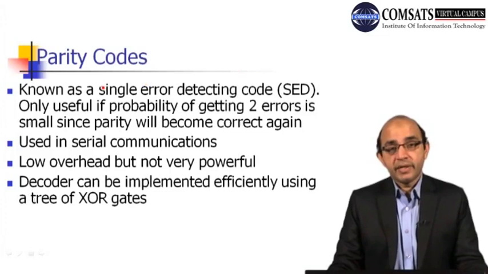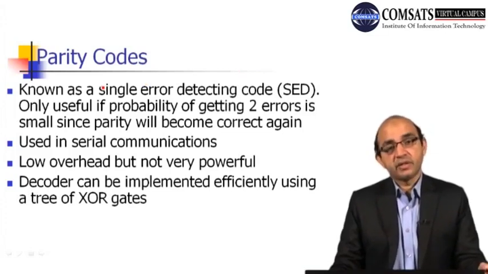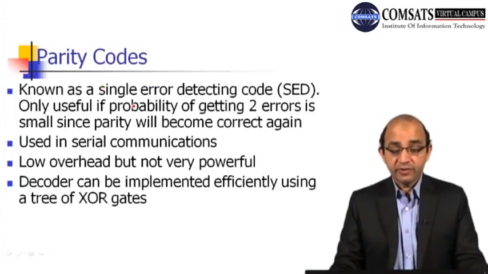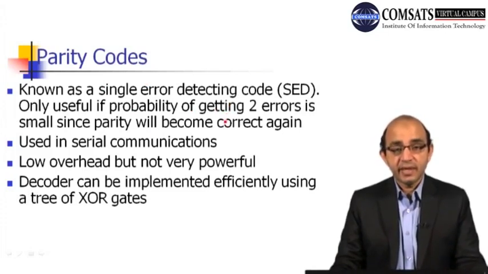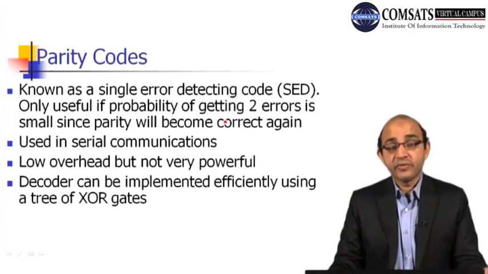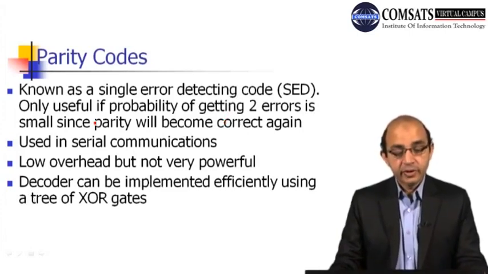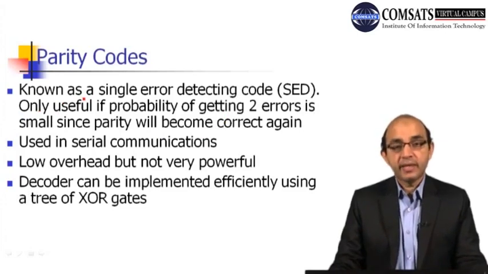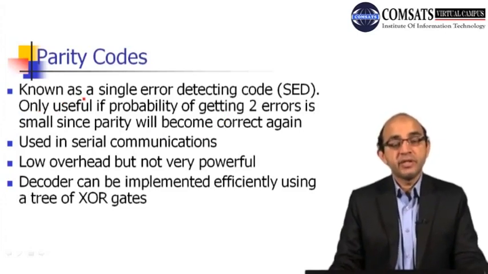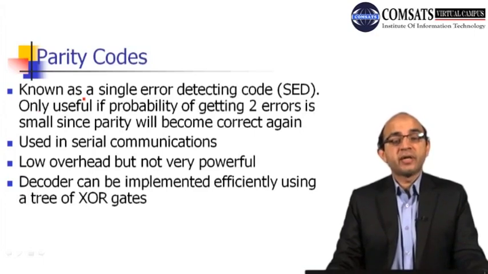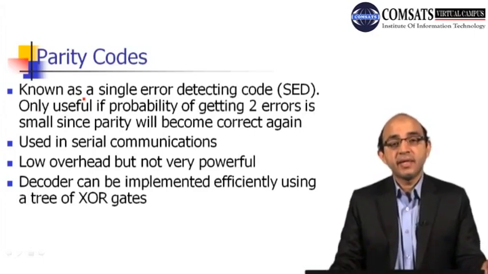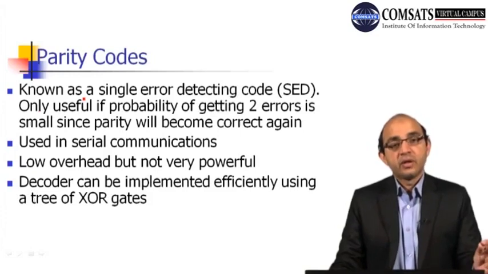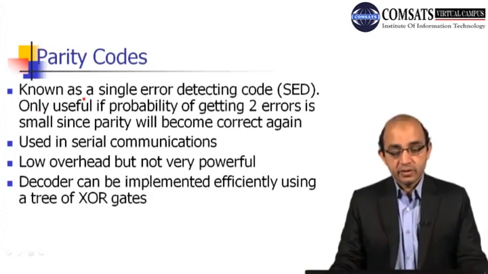So this parity check method will work if the probability of getting 2 errors simultaneously in a single data unit is very, very low, right? So the recommendation is that we should use this parity detection methodology when the probability of getting errors in a single block, in a single data unit, within 2 bits is low, right?